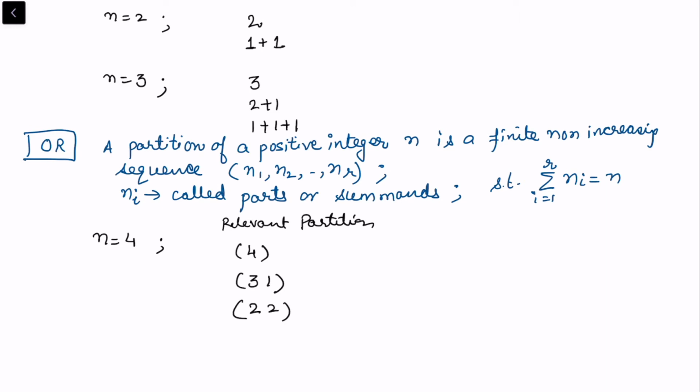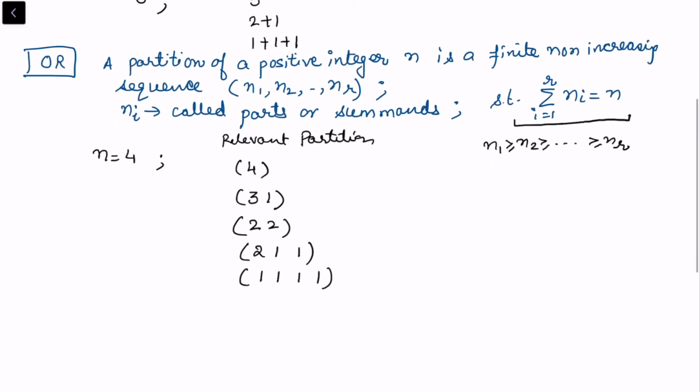The parts follow the order n1 is greater than or equal to n2 is greater than or equal to up till nr, and these are called parts. These are also called summands in that particular partition. We can also have the partition 2, 2, then 2, 1, 1, and then 1, 1, 1, 1. So there are 5 partitions of 4, and if you sum these parts we get back the positive integer n.